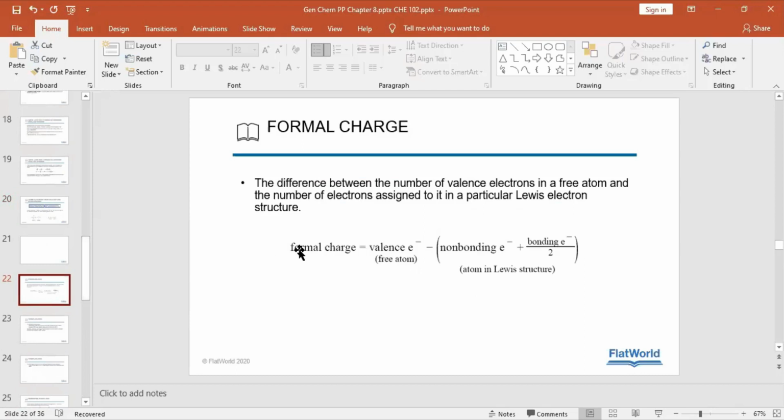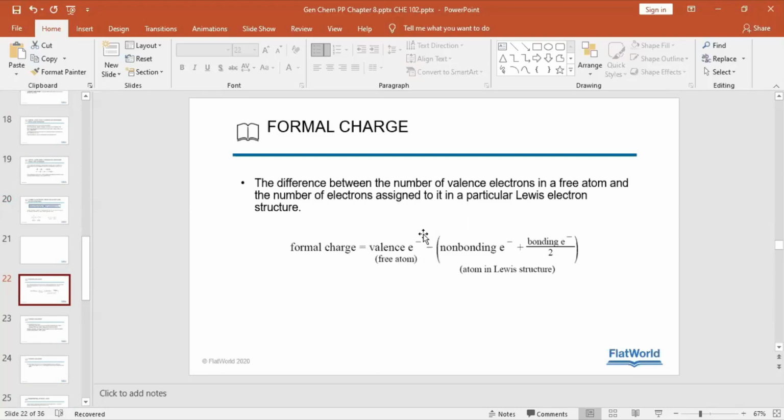Okay, how do we calculate the formal charge? The difference between the number of valence electrons in a free atom and the number of electrons assigned to it in a particular Lewis structure is defined as the formal charge.